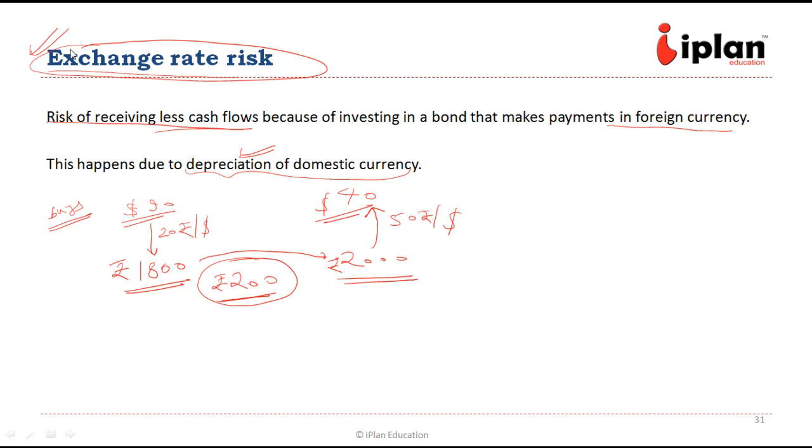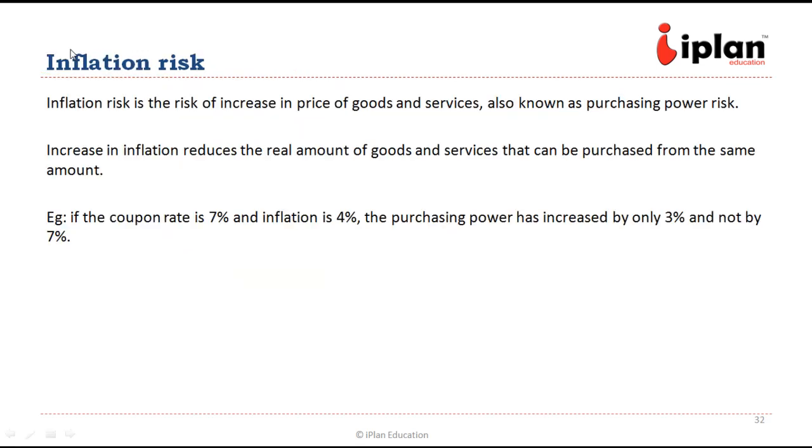Now let us move to the next slide. The inflation risk. This is the risk of increase in price of goods and service. So we lose the purchasing power. If price of goods and service rises beyond a level, the purchasing power of the investor is suffering.